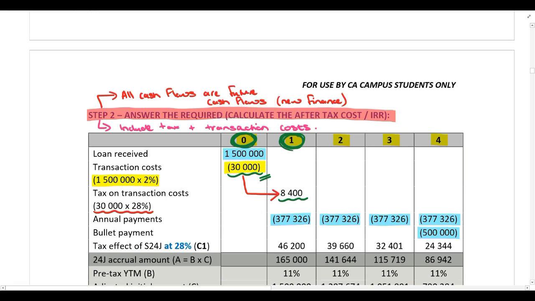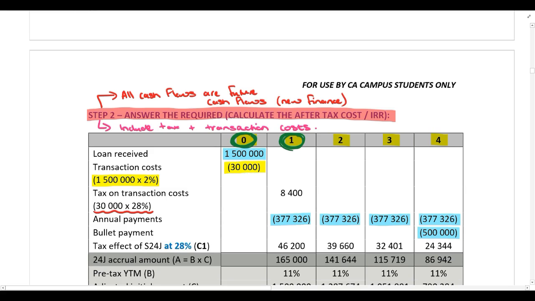However, the company doesn't do their tax return upfront at the beginning of the year. When will the company do their tax return? Only at the end of the year. So even though they pay the transaction costs upfront at the beginning of the year, they will only do their tax return at the end of the year. So they only get this tax benefit at the end of the year when they actually do their tax return. So please just take that into account in your calculation. That is extremely important.